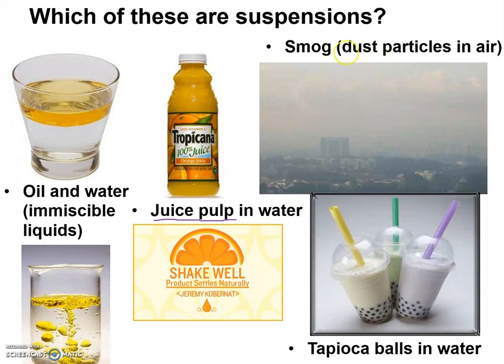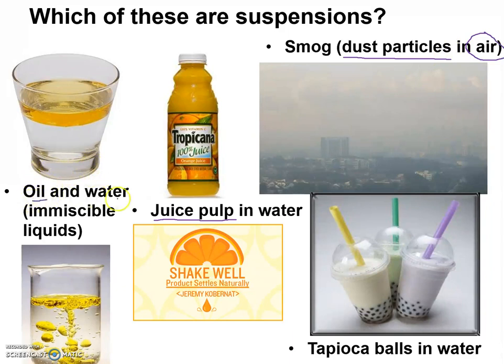And dust particles in air, you can actually see the dust particles, especially when there's haze or smog. So they're definitely not a homogeneous solution. And the thing to take note of is that air can be a solvent as well. You don't necessarily need to have water.